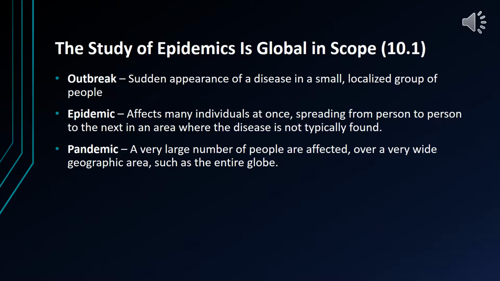Compare this to an epidemic, where many individuals are affected at once, and the disease spreads from person to person in a geographic area where the disease is not typically found. And then a pandemic is where a very large number of people are affected over a very wide geographic area, such as the entire globe, for instance.